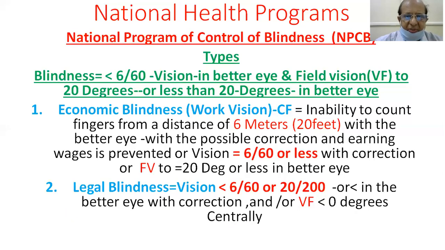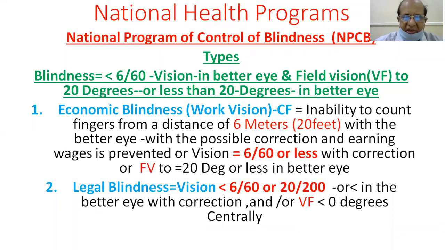If it is 6 by 60 or less with correction or field vision to 20 degrees or less in the better eye. FV means field vision. Legal blindness. Vision is less than 6 by 60 or 20 by 200. So economic blindness is 6 by 60 or less, but legal blindness must be less than 6 by 60 or 20 by 200.